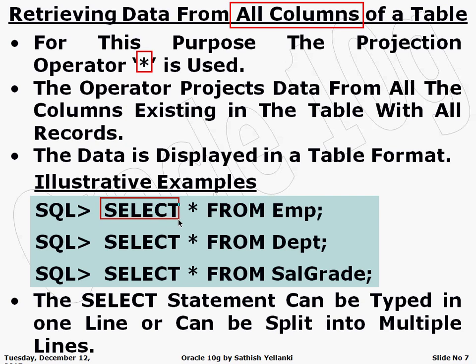So we just call the select statement and we define the projection operator, giving an instruction that I want all the columns from the table I mention, and FROM is your clause which identifies the data source, and EMP or anything you represent here is nothing but the data source from which you want to get the data.